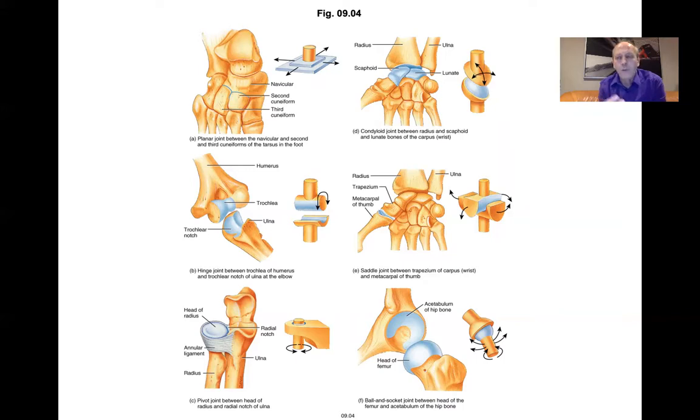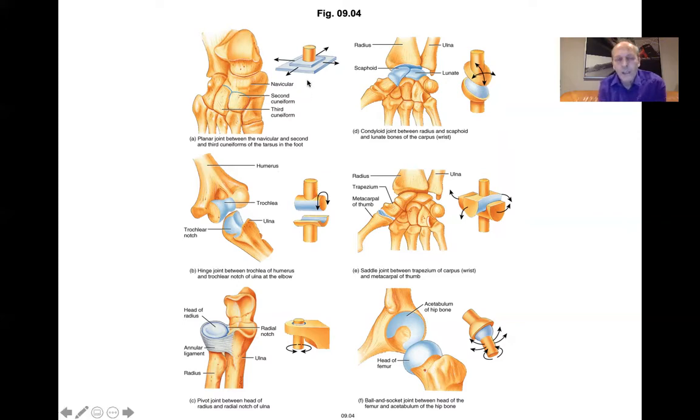Then we have a group of biaxial joints, where 2 different axes will be seen in order to allow the movement. And then finally, we have multi-axial joints that are practically just one type, that is the ball and socket. And we'll take a quick look together at this diagram.